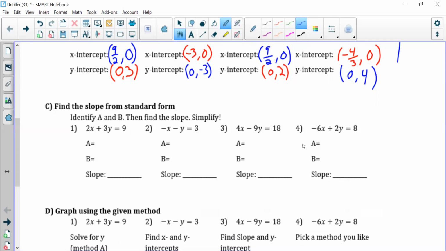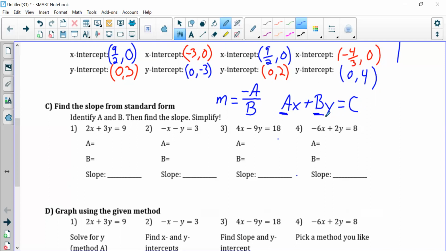We have a formula that says slope is equal to negative a over b. For this to work, you have to remember that standard form is ax plus by equals c.